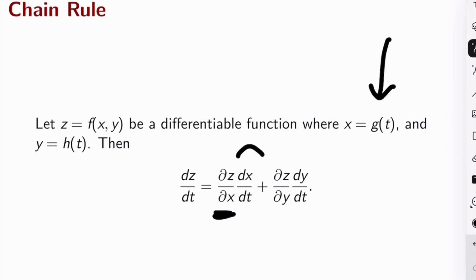X is just a function of one variable, so this is no partial, this is just a regular derivative. And then the partial of z with respect to y, multiplied by the derivative of y, which is just y prime. Okay, so let's see how to calculate these derivatives.